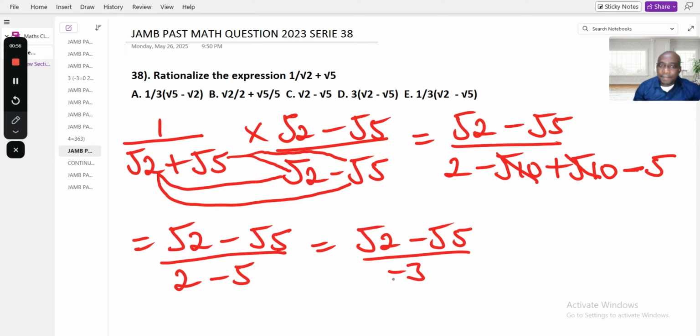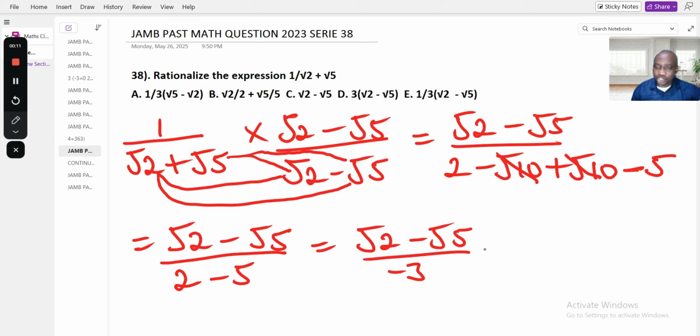We have minus 3 left. Now, when you have your answer like this, you cannot leave negative at the denominator. What you just need to do is multiply minus at the top and multiply minus at the bottom, so that you can take away the minus that you have at the denominator.